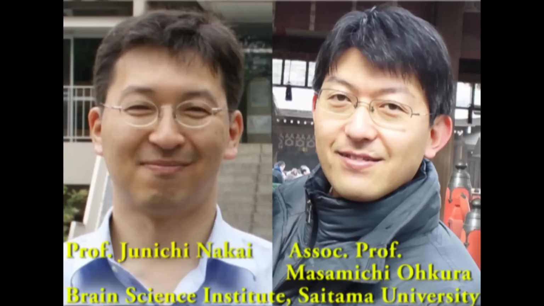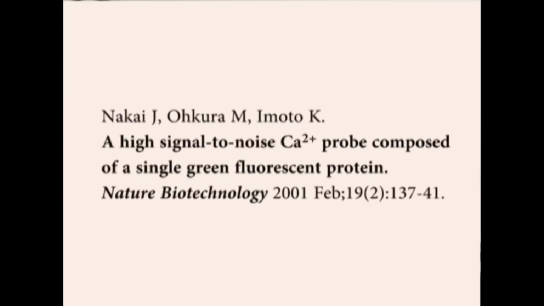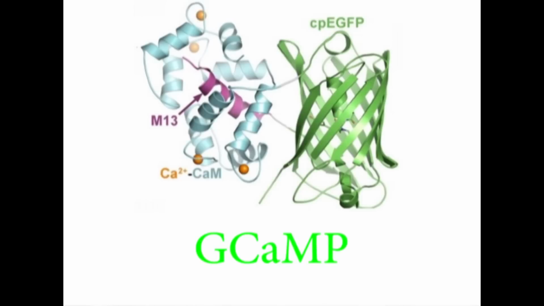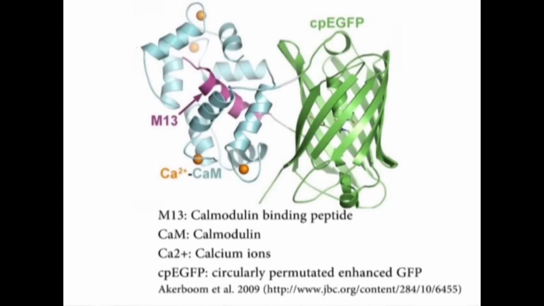One important tool is GCaMP. GCaMP was invented by Dr. Nakai and Dr. Ohkura at Saitama University in 2001. GCaMP contains M13, GFP, and calmodulin sequences. When calcium ion binds to the calmodulin sequence, conformational change occurs and GFP fluorescence increases.